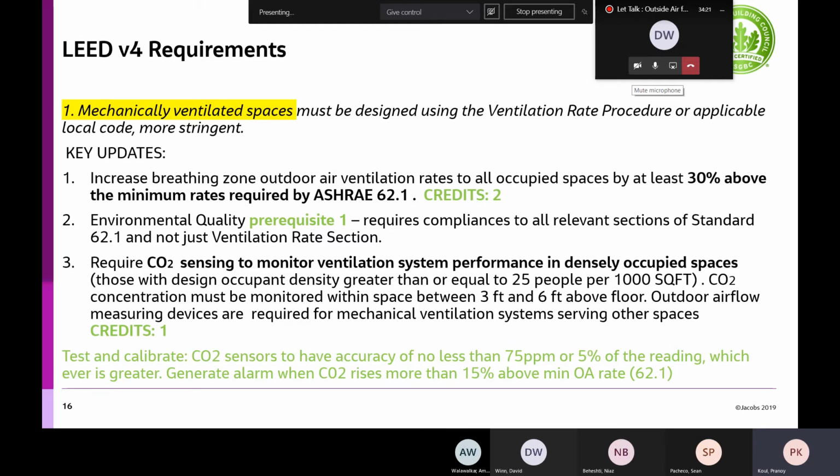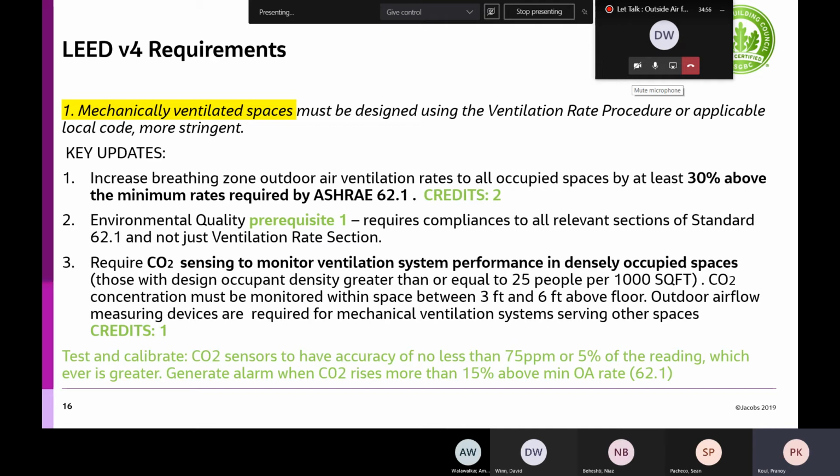This is a really important difference which I noticed: LEED is trying to make sure that we're not just maintaining the basic requirement of the standard, but actually going above and beyond the prescribed basic requirement of ASHRAE 62.1. And once you go above and beyond, LEED recognizes it with a score of credit, two credits, with regards to your project.